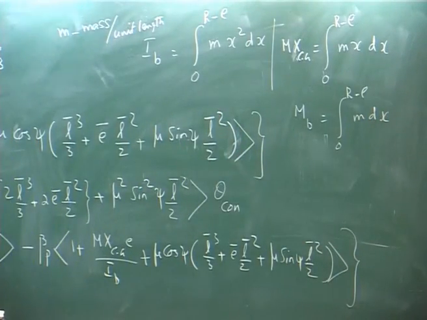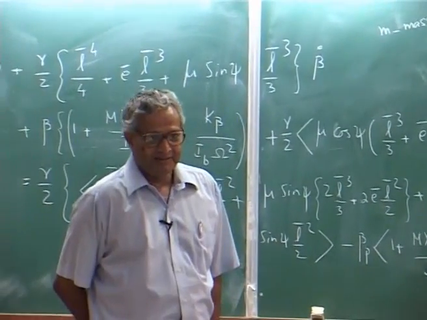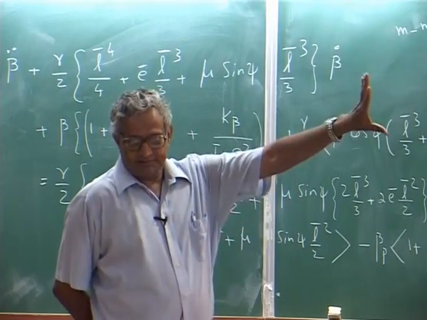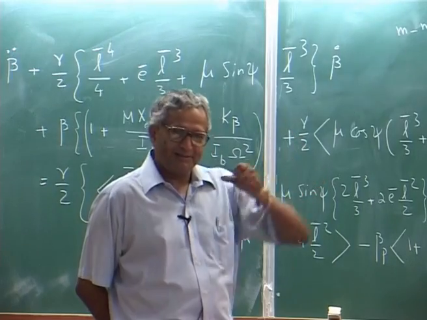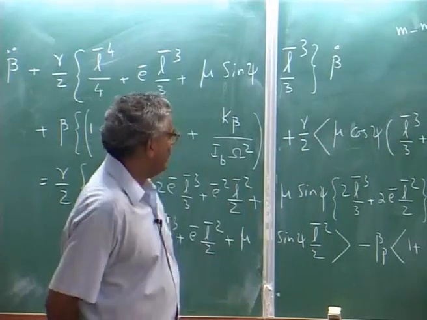Why I am taking this: there I assume that the mass is uniform, whereas a rotor blade need not have uniform mass. Of course, the major aerodynamic section is uniform, but the blade mass can vary a little bit along the span.